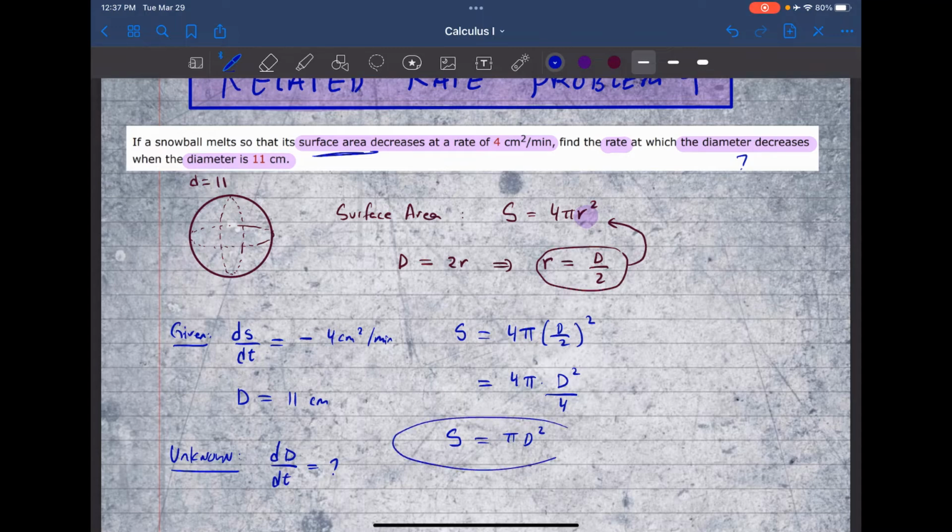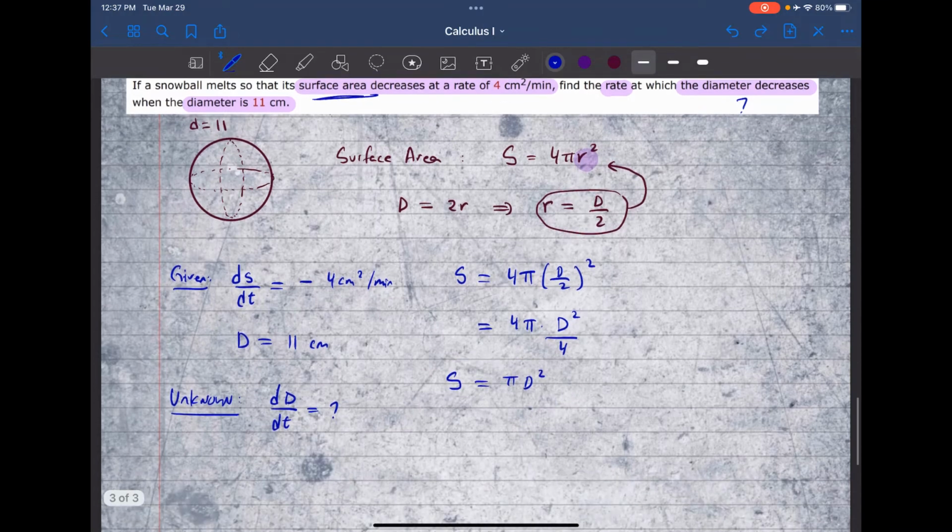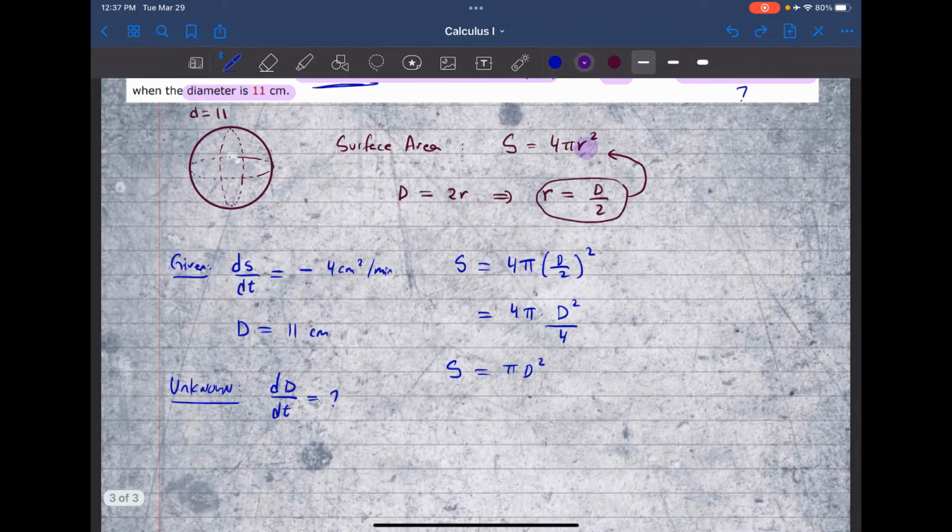We know that this is the formula we're going to be using that relates these variables. So let's go ahead and differentiate with respect to time. Once you get your formula straight, you can start taking the derivative with respect to time. On the left side, the derivative of S is just ds/dt. Think of it as implicit differentiation.